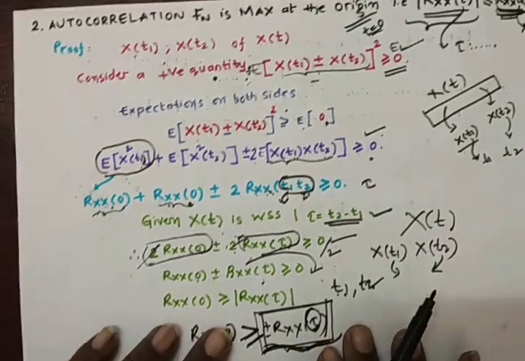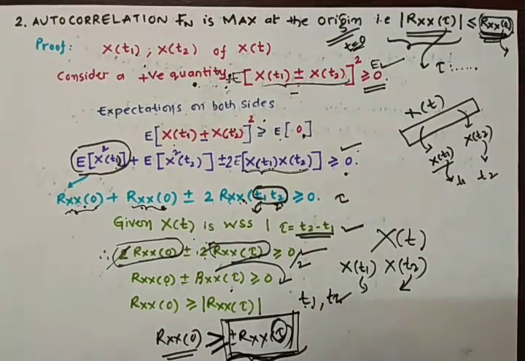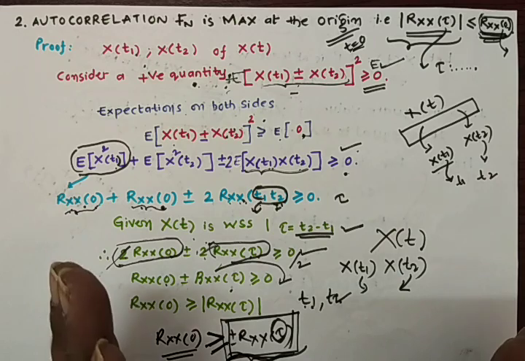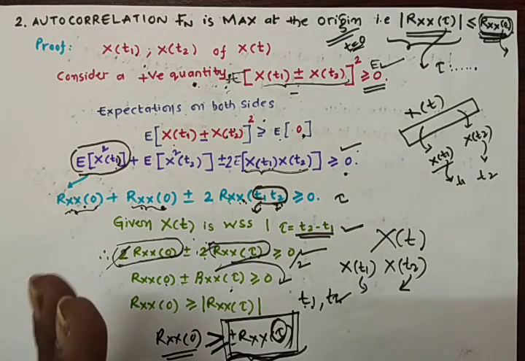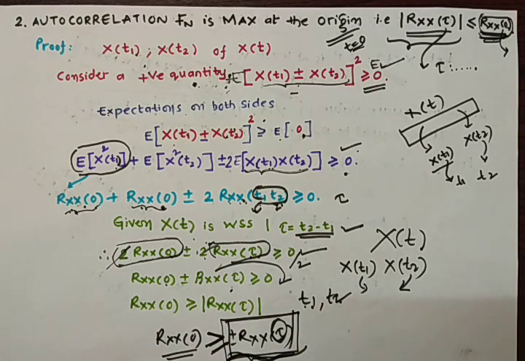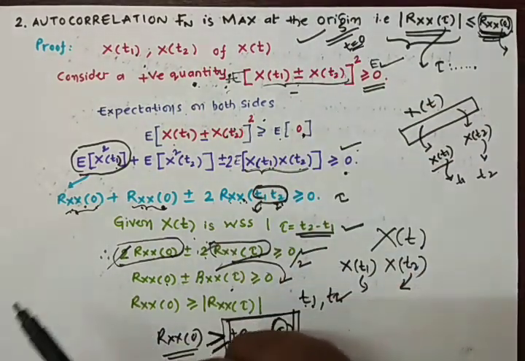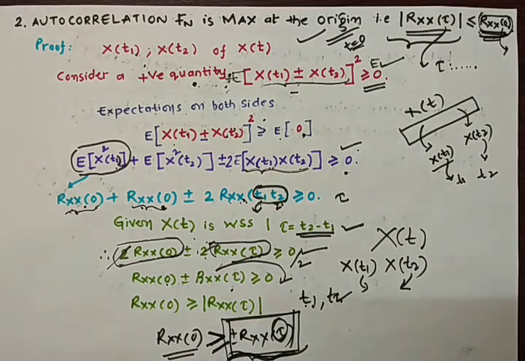From this point it is very clear that the autocorrelation function is maximum at the origin only. Within the same random process, you choose any random variables at any distinct times, and for those times we define the autocorrelation function, whose value is always less than or equal to the autocorrelation function at the origin. That means the autocorrelation function is maximum at the origin only.